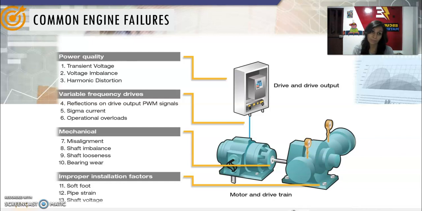Third, we can have mechanical failures caused by misalignment, shaft imbalance, shaft looseness, and bearing wear. And finally, but not least, improper installation factors, which can be caused by soft foot, pipe strain, and shaft bolt.